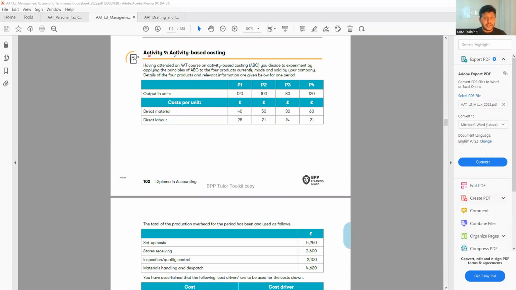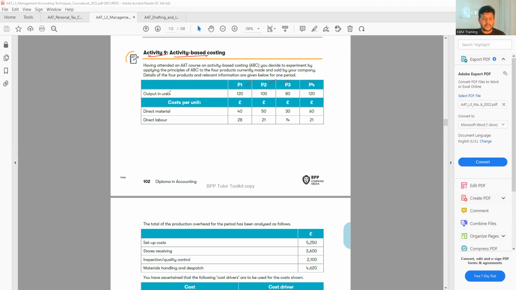So activity 9, activity-based costing. Having attended the AT course on activity-based costing, you have decided to experiment by applying the principle of ABC to the 4 products currently made and sold by your company. Details of the 4 products and relevant information are given below. So you have 4 products, P1, P2, P3, and P4.